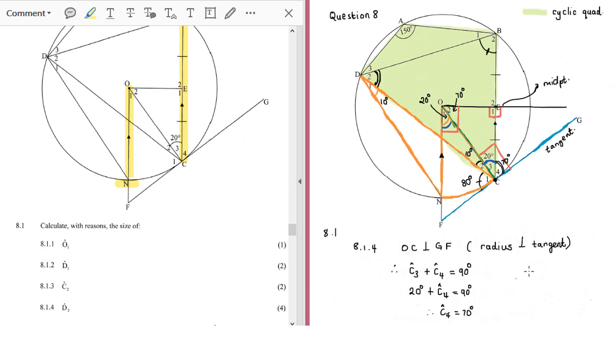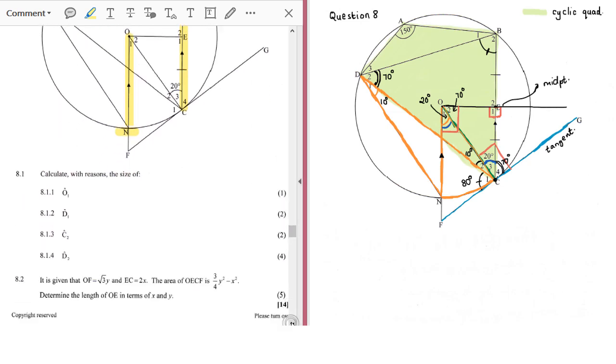But angle C4 is equal to angle D2. And what's the reason for this? Well, it's the tan-chord theorem. So then therefore angle D2, which is what they are asking us about, is equal to 70 degrees.